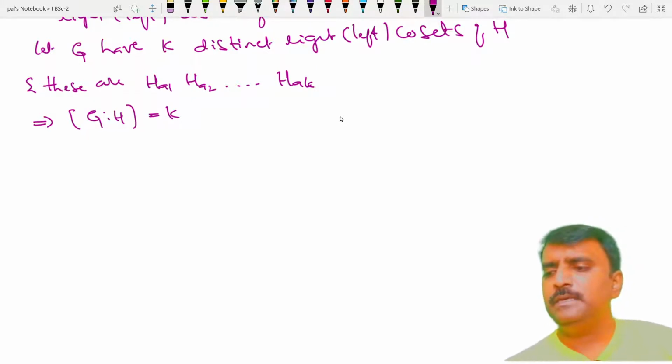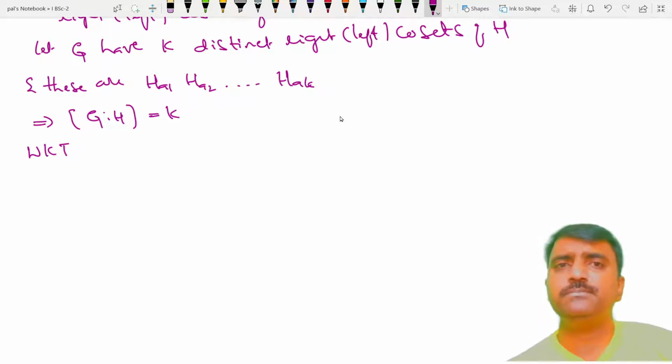Okay, so we know that any two right cosets or any two left cosets of H have the same number of elements.